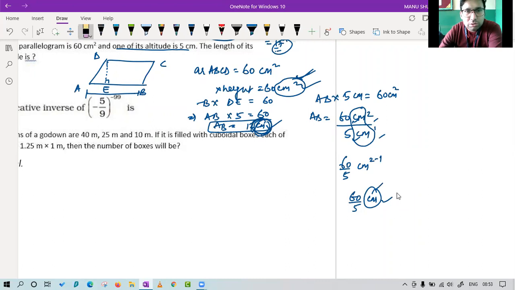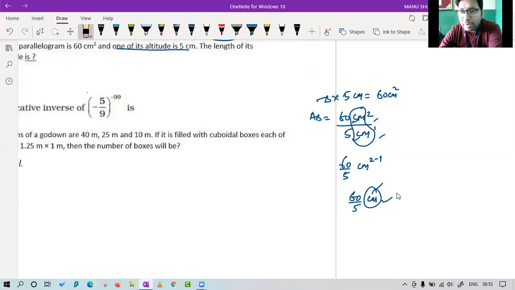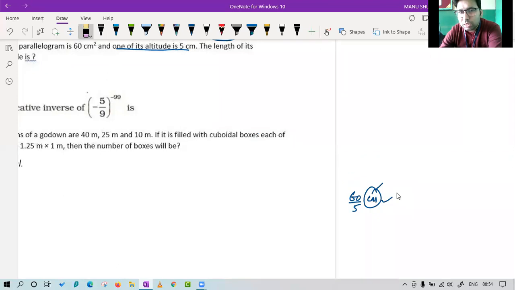Now next question, we have to find the multiplicative inverse of minus 5 upon 9 power minus 99. All of you, please tell me the answer to this question. A similar question was there in your exam also. Okay, Harshul, I think you are correct. Others, please try.